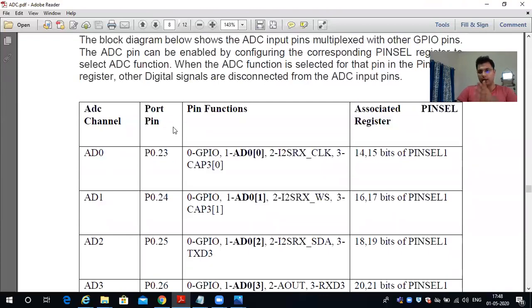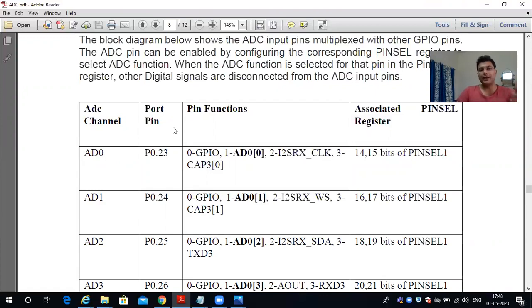Till now, we have seen how to configure the pins which may later on start working as ADC pins, and how to power up the modules. For that purpose, we require the pin configuration register. That's part of LPC underscore system configuration.